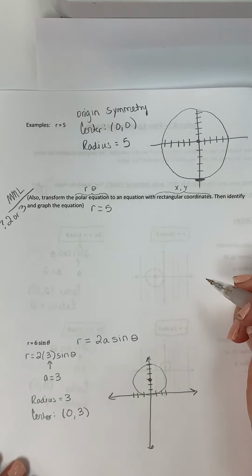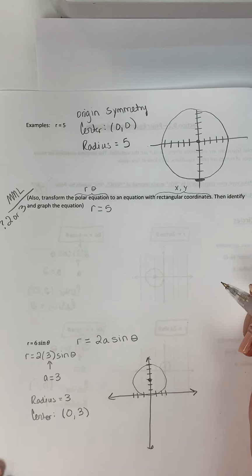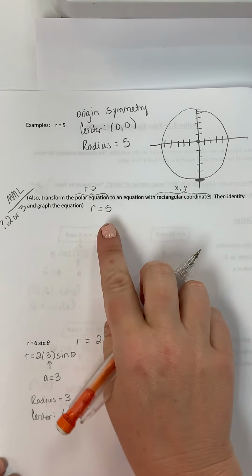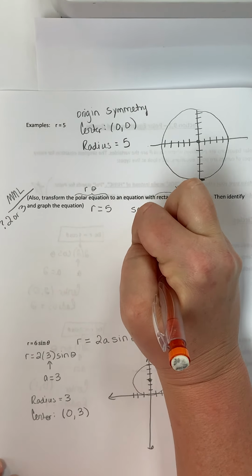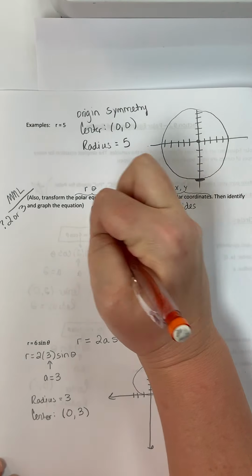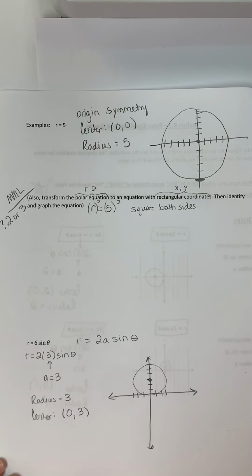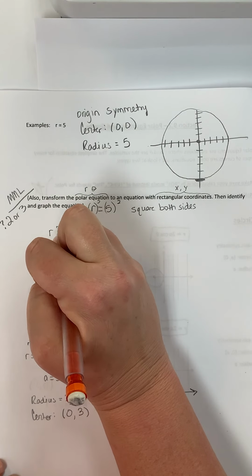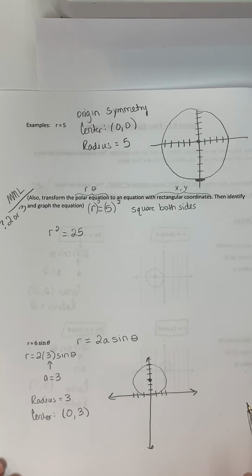Okay, so here we go. It can be a little tricky. I'm gonna just take it slow. You can remember how to do this because you're gonna run across it a lot. All right, first thing I'm gonna do is square both sides. You can do anything you want to any type of equation as long as you do it to both sides. So if I square both sides, I get r squared equals 25.